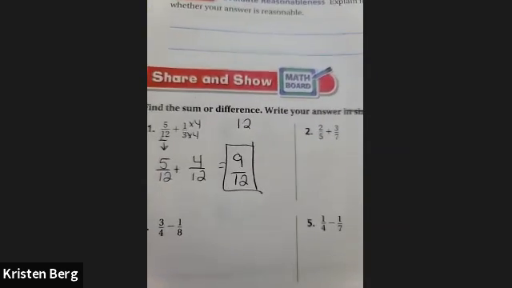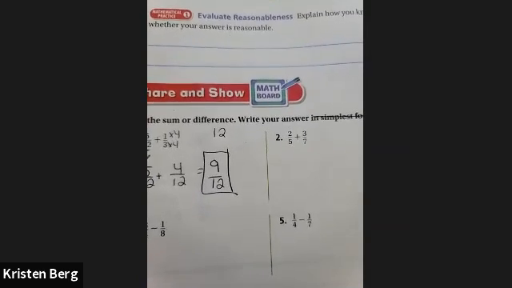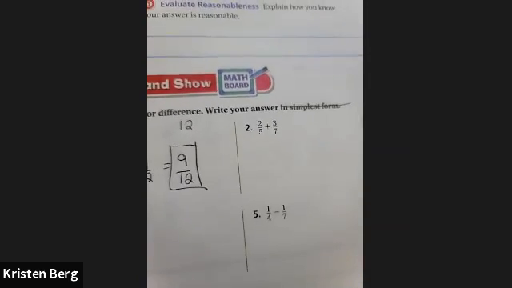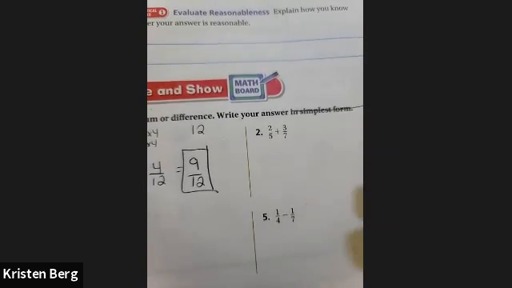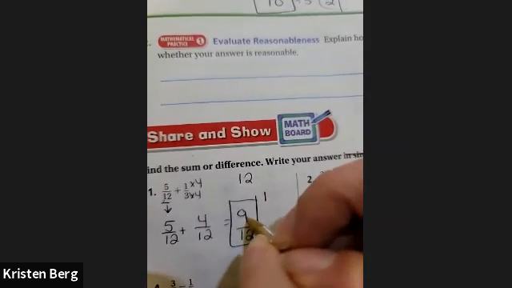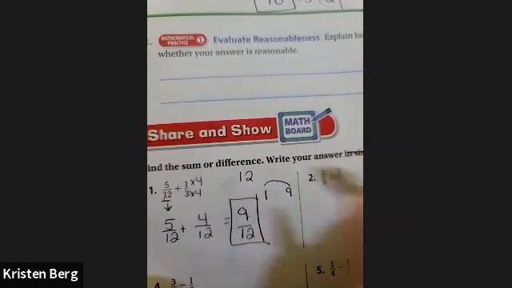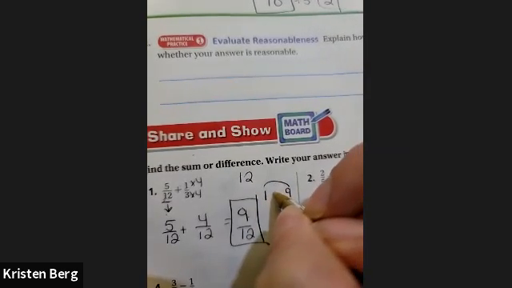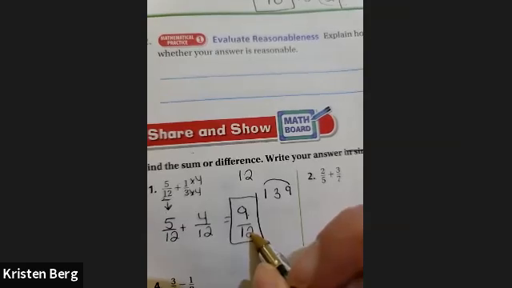Now, for those of you who want to know how to do the simplest form, I'm just going to show one more of those today, and then I'm going to be done with showing the simplest form because I really don't want you to do it. You can do the factor rainbow of the top number, which is 1 and 9. And then what else could go in there would be 3. So can 9 go into 12 evenly?